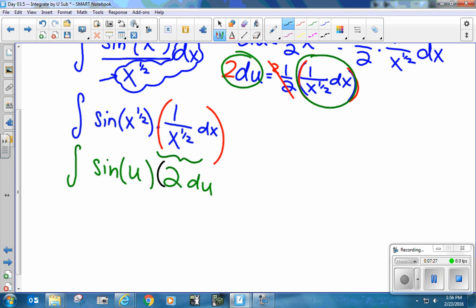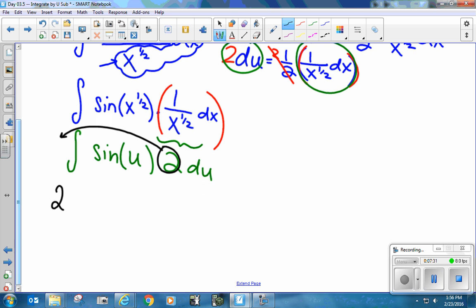So my 2 is 2 times the integration of the sine of u du. What is the integration of the sine of u? Be careful. You sure it's not cosine? It is negative cosine. It's negative cosine. It is negative cosine. You do, and you just did.